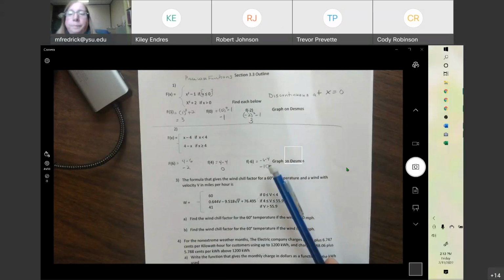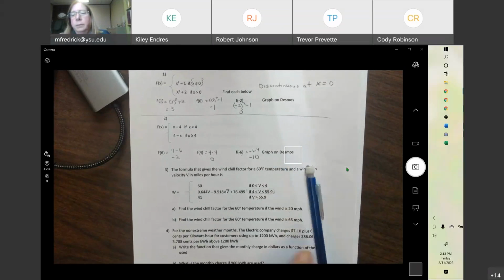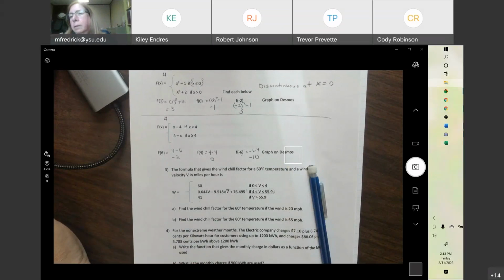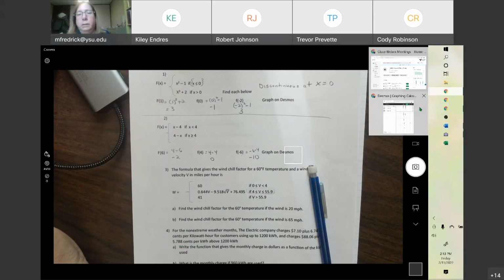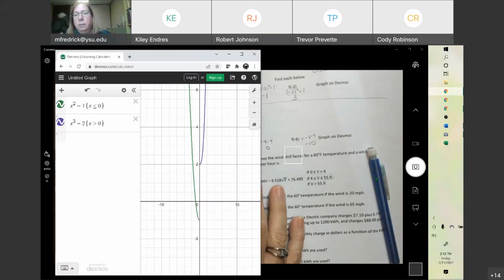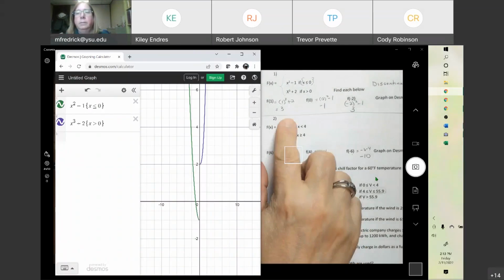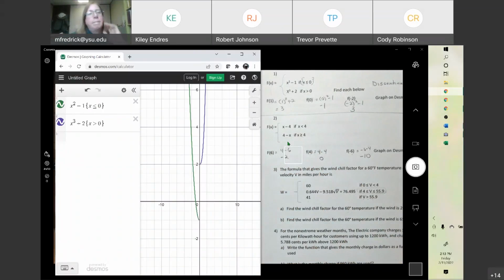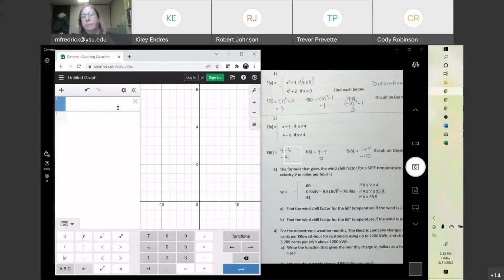Okay. Let's graph it on Desmos. There it is. I'm going to delete these two and start over. So we have x minus 4 script x less than 4.